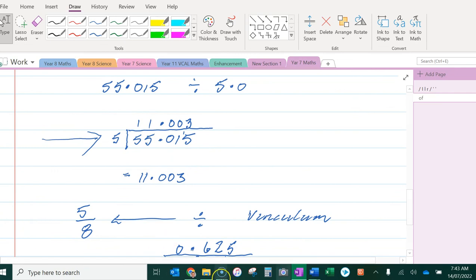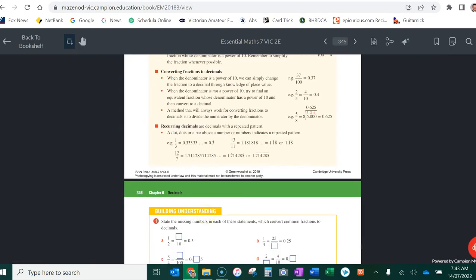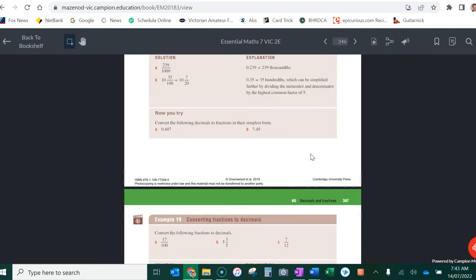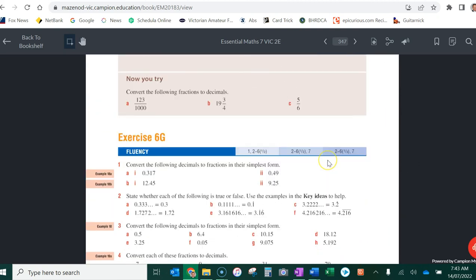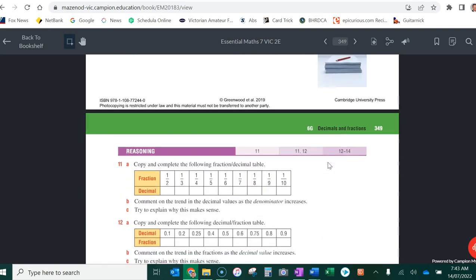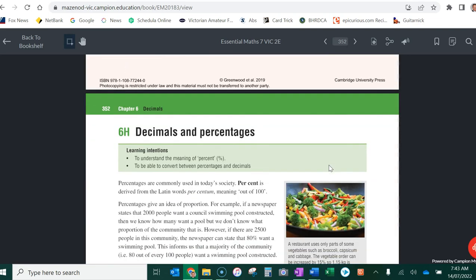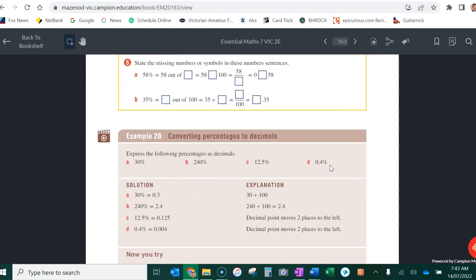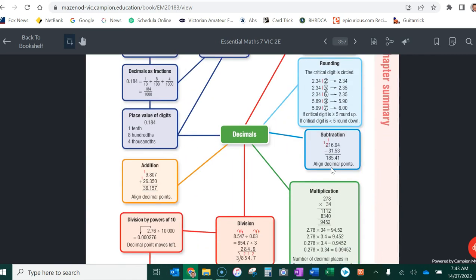Now, gentlemen, I want you to make sure you have worked your way through there, and then the chapter review. The sections that we're not doing, you don't need to be looking at, but you can with the chapter review.